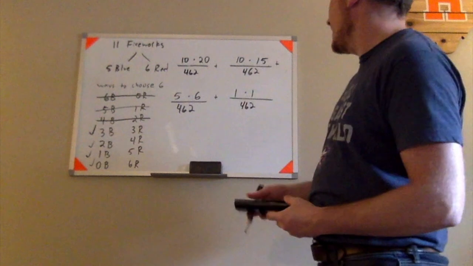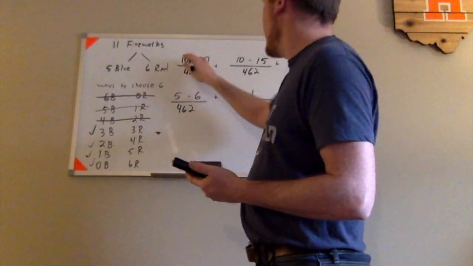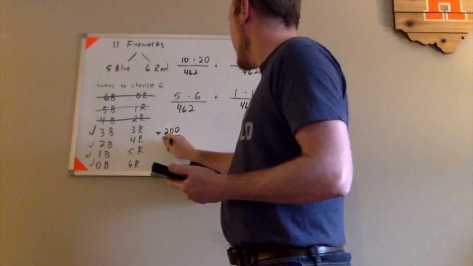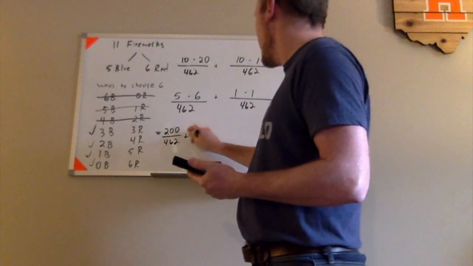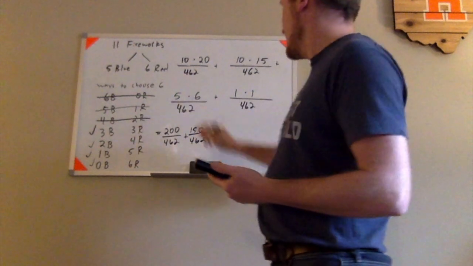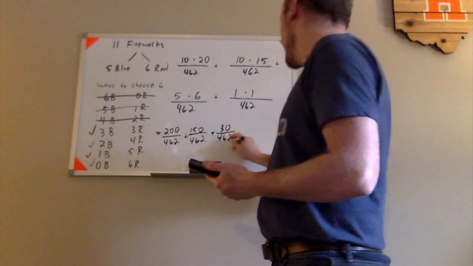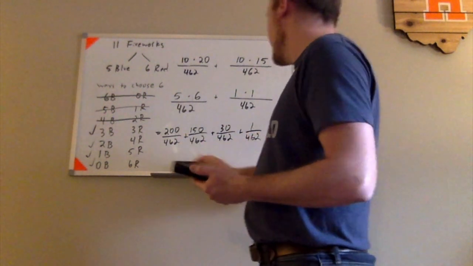So here we have these set up. We can go ahead and do our multiplication now. In the numerators, we have 10 times 20 right there, which would be 200 over 462. Plus over here, 10 times 15 would be 150 over 462. This one right here, 5 times 6 would be 30 over 462. And finally, 1 times 1 would be 1 over 462.